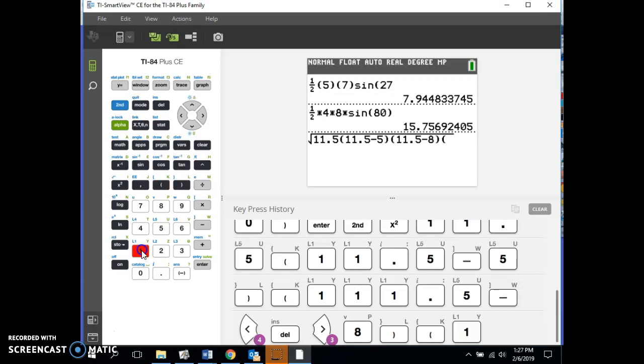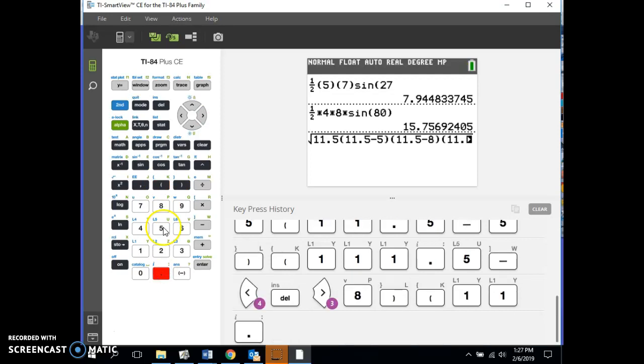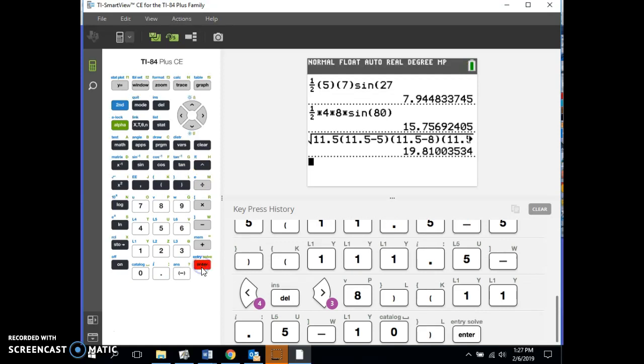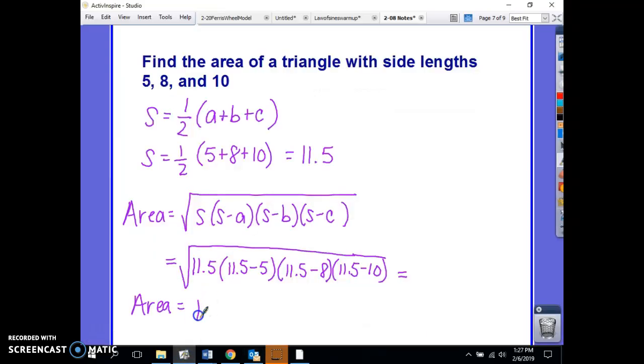And then 11.5 minus 10. And then you're going to press enter. And guys, that's the area of your triangle, 19.81. Okay, and again, we don't know feet, miles, or inches, so we're going to say square units. And that is finding area with Heron's formula.